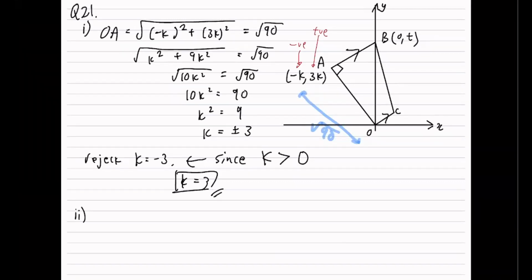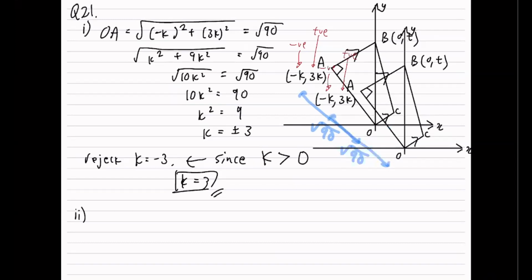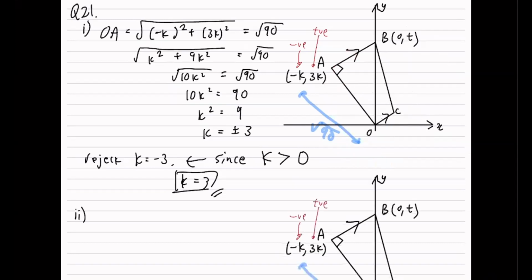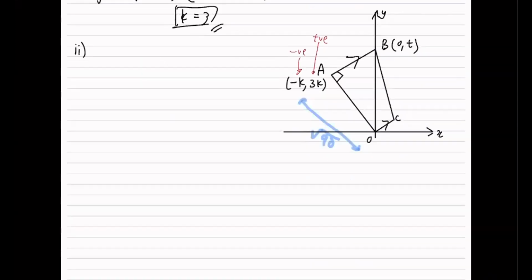Equation of AB. Okay. So now you have A. Now you know A is negative 3, 9. Yeah, correct. Negative 3, 9.